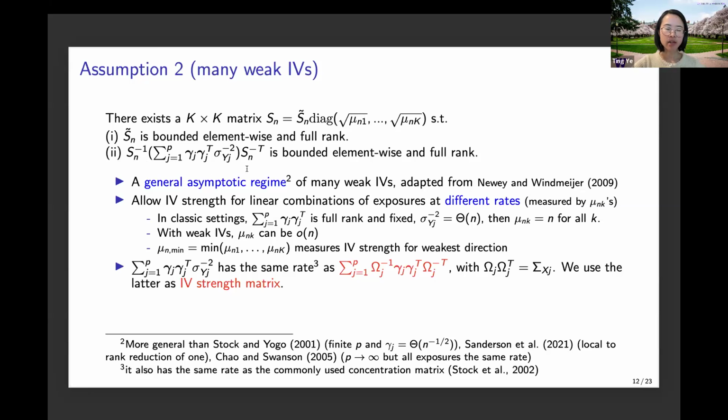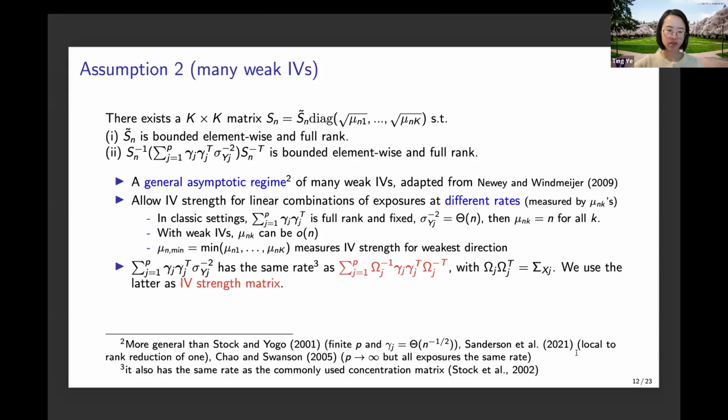And this is a general regime, and it's more general than a lot of the weak IV asymptotics that were studied previously in the literature. For example, Stock and Yogo assume that all the IV strength needs to be of order n to the -1/2. And Sanderson 2021 needs to assume that the IV strength is local to rank reduction of 1. So essentially, one direction is very, very weak.